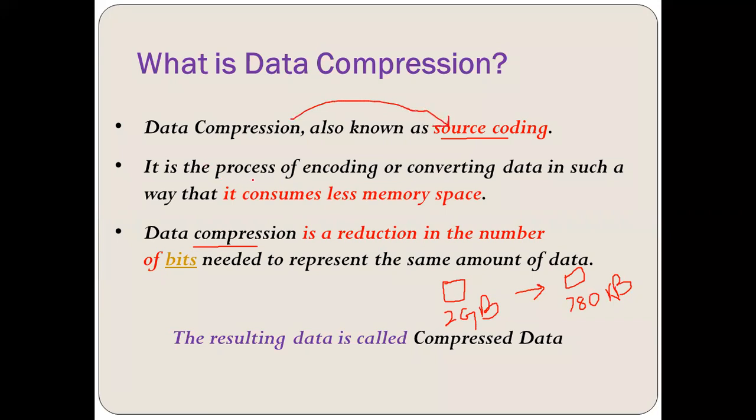Now, how do we do it? It is the process of encoding. We are encoding or converting the data in such a way that it consumes less memory space. This is the original file, of 2 GB, and we are going to compress it by encoding it.